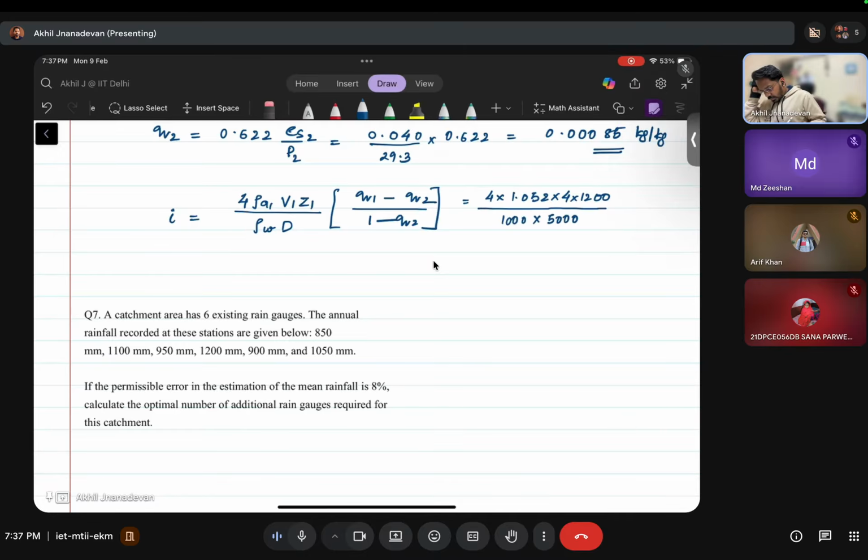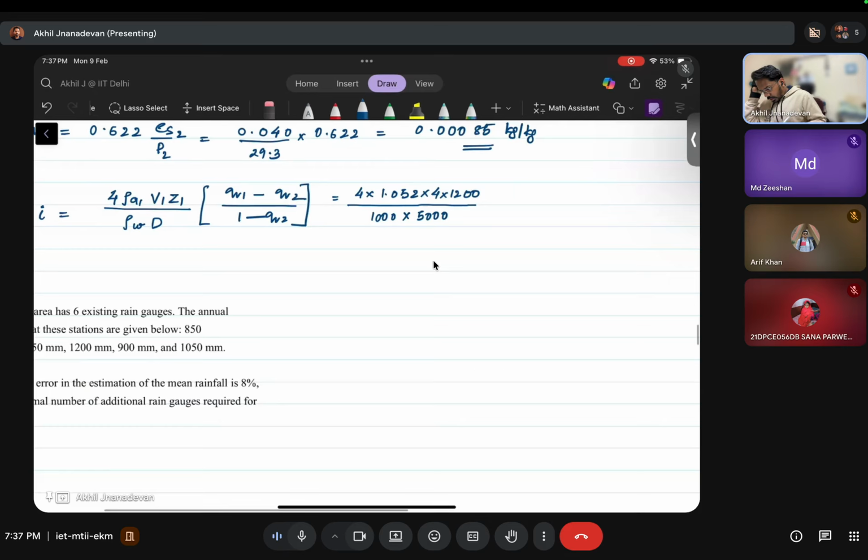The diameter is 5000, and inside the bracket the humidity terms are 0.0219 minus 0.00085 divided by 1 minus 0.00085. So if you substitute everything, we will be getting the result, with everything substituted in SI units.